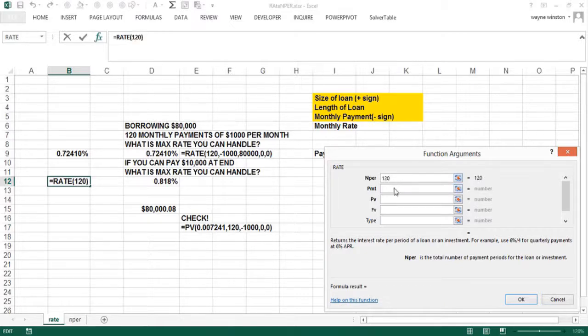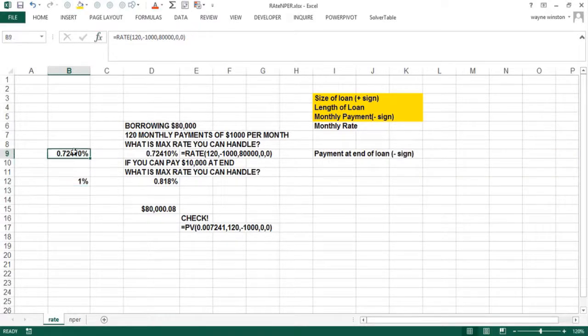The payment each period was $1,000. The present value was 80,000. Now the trick here is that future value is minus 10,000 because you're paying it in. So you can handle a higher rate because you're paying money at the end. So the applied rate would have to be higher to make this work out.